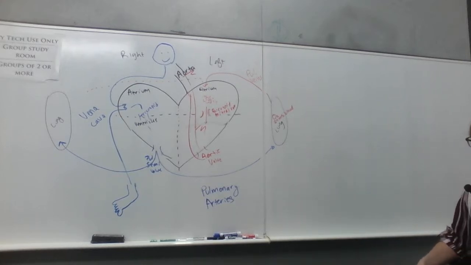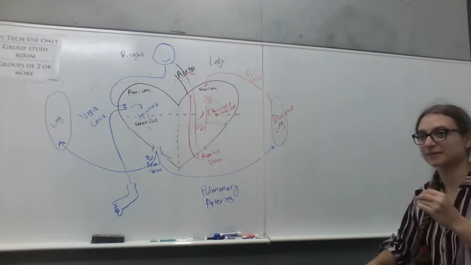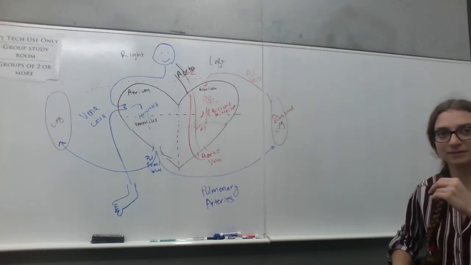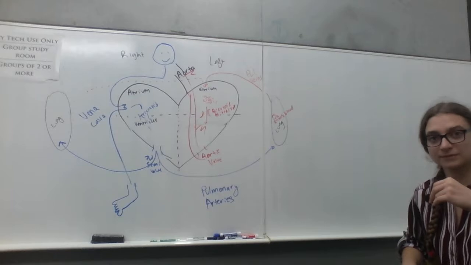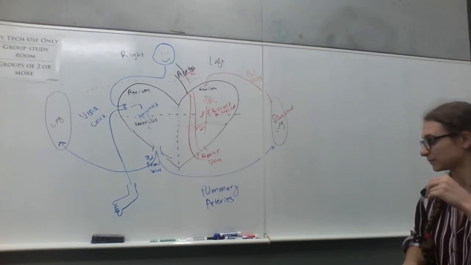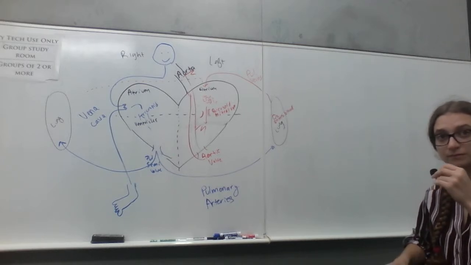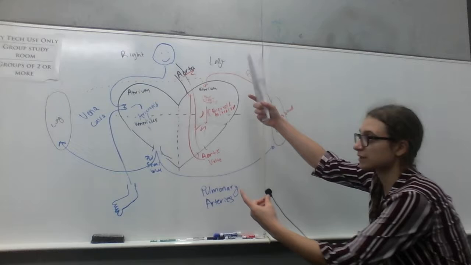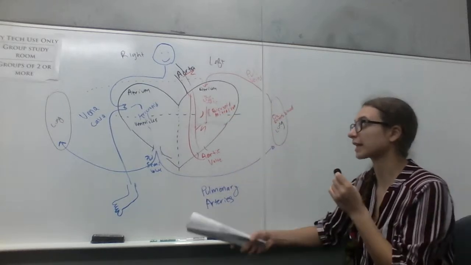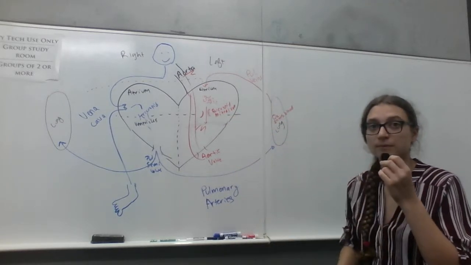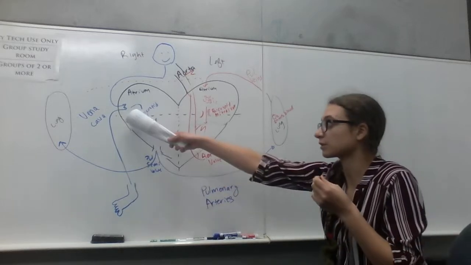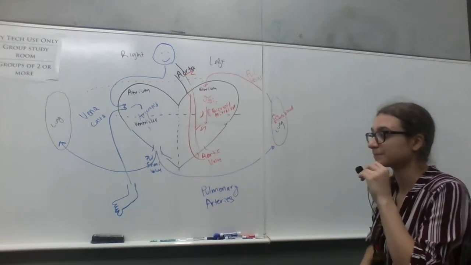What part are you guys at? Okay, so blood goes from the back to the head. There are two veins, two vena cavas. So it starts either from the front or the head, but they both go to the vena cava.